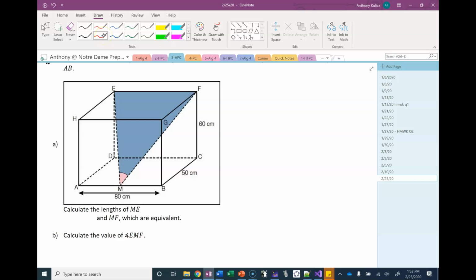So, okay, so I'm first going to draw a calculation triangle to do that. I guess I will do like MCF.